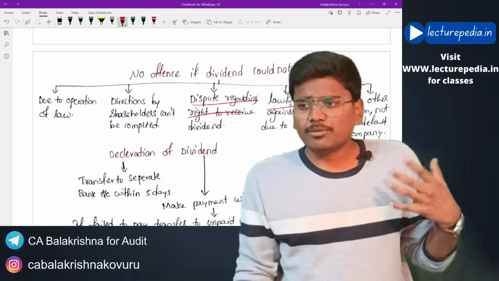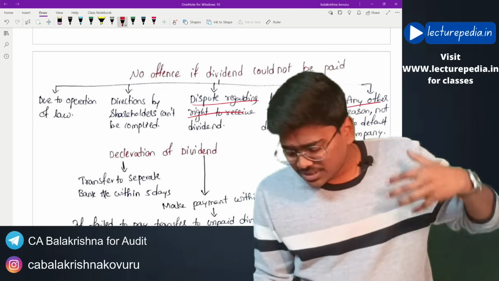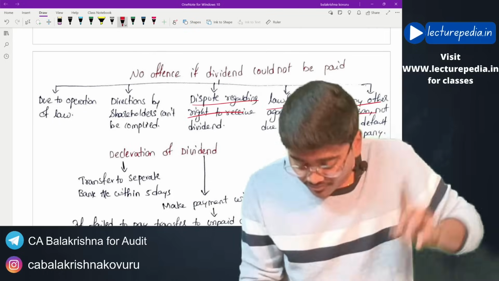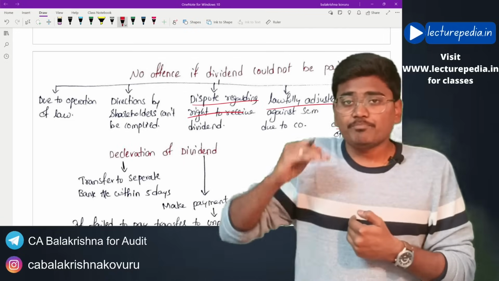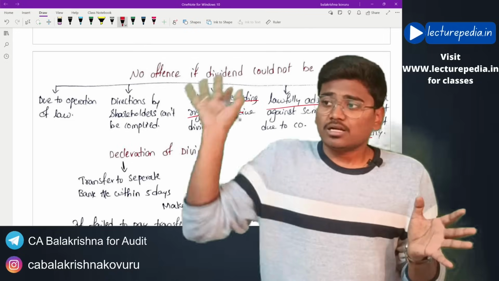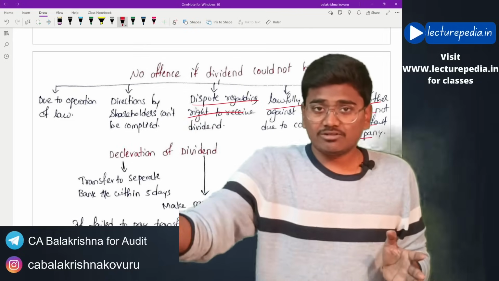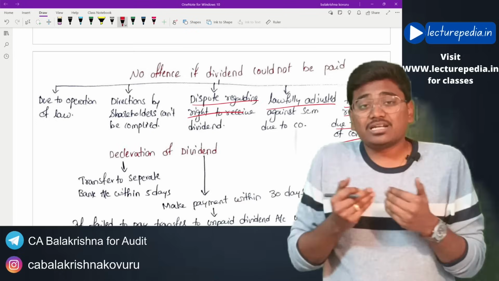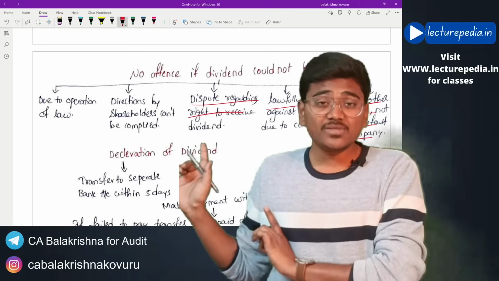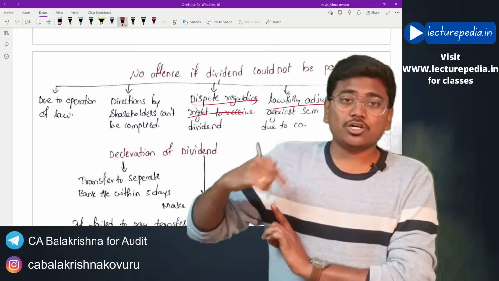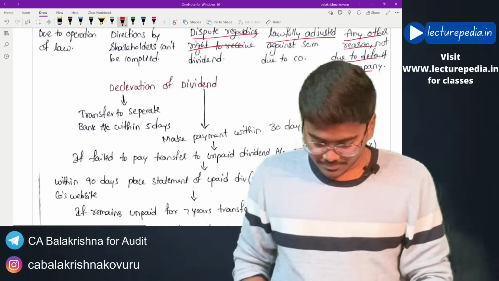And if the company is not able to pay the dividend due to any other reason in which there is no default of the company, there is nothing wrong with the company. In those cases, there will be no offense on the part of the company.